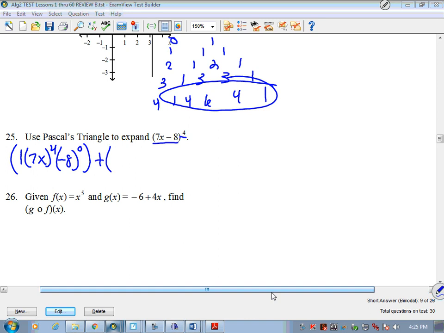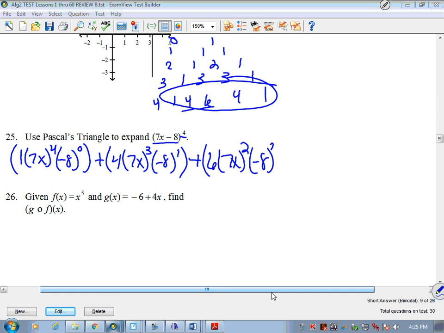Now we go to our next coefficient, which is 4 times 7x to the 3rd, negative 8 to the 1st, plus 6 times 7x to the 2nd, negative 8 to the 2nd. You notice as one decreases, the other increases by 1.